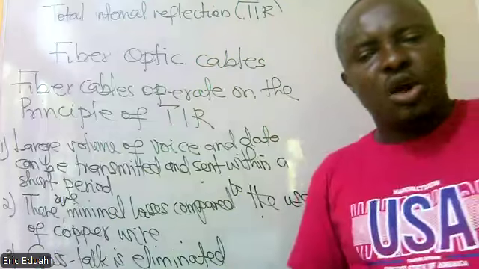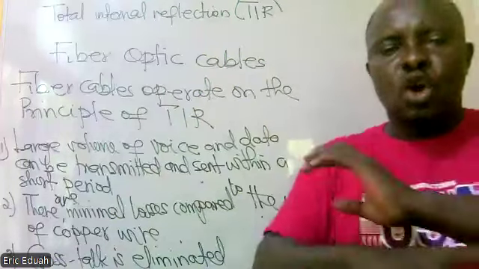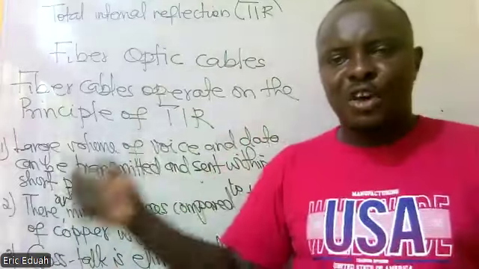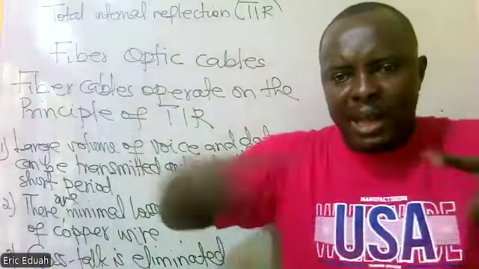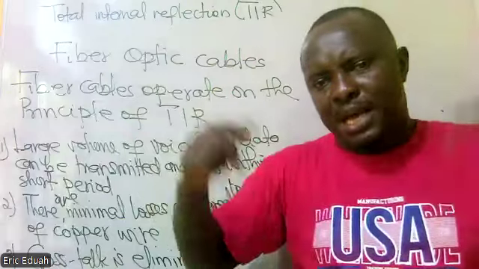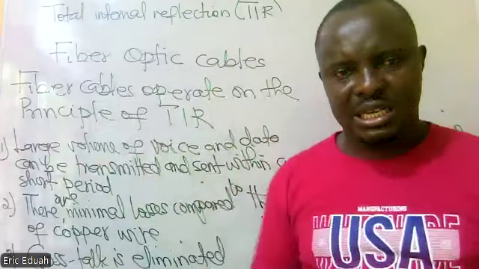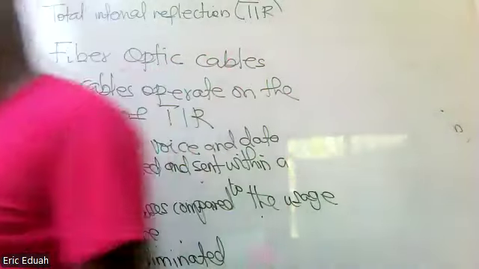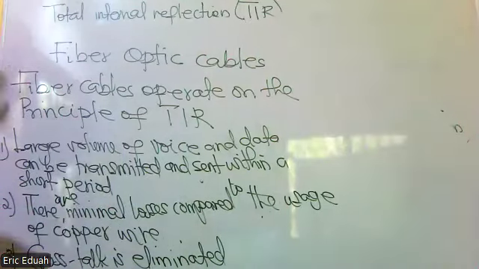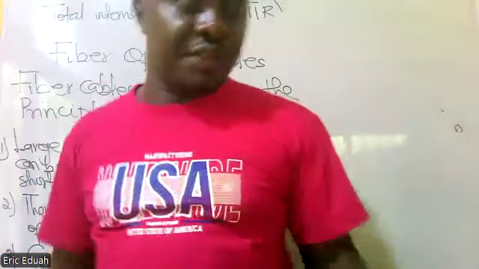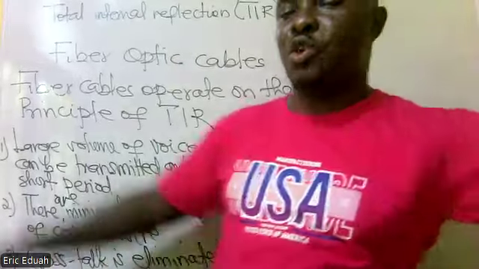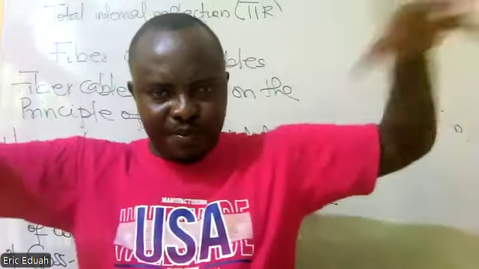And crosstalk is so common whenever you use copper wires for transmission, propagation of information from one end. Please, is crosstalk different from a conference call? Oh yes, that's different. Conference calling is a deliberate thing.